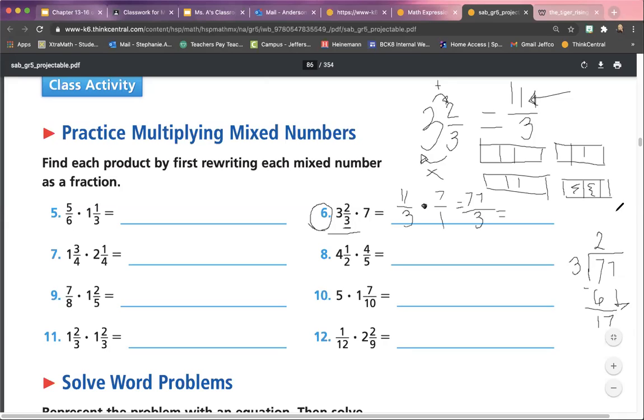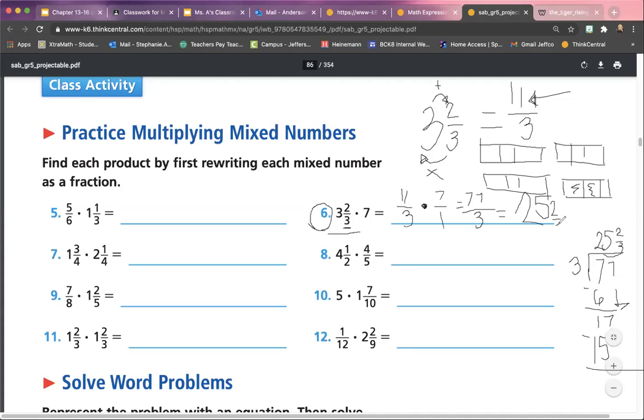And then you say 3 goes into 17 5 times. Minus 15, I'm left with 2. So it's 25 2/3.